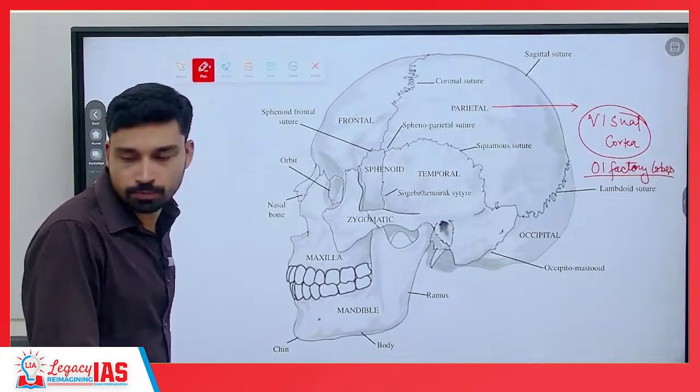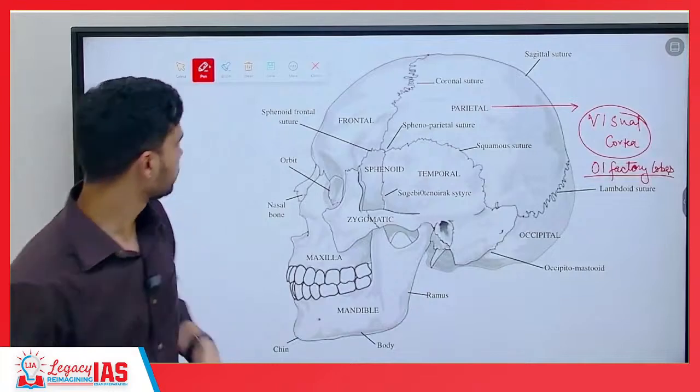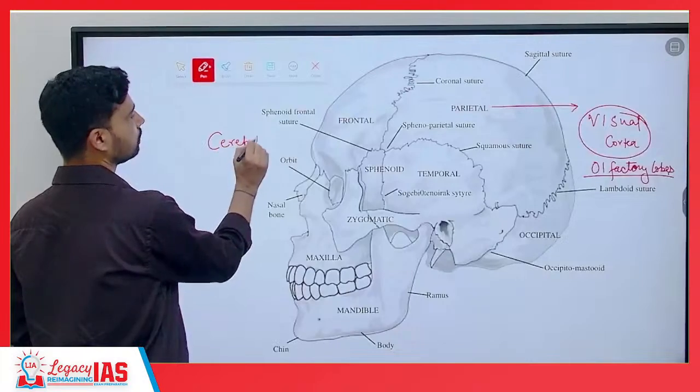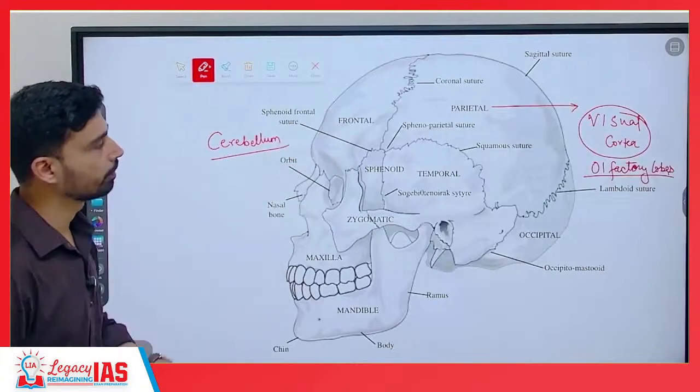Then next in the brain itself, you can write the cerebellum. Cerebellum, that is the area of the brain in the backward part.